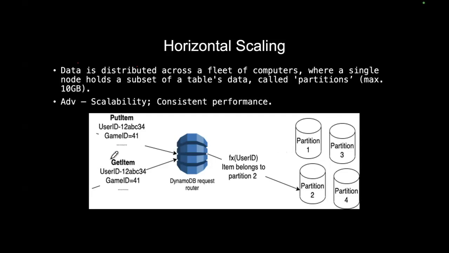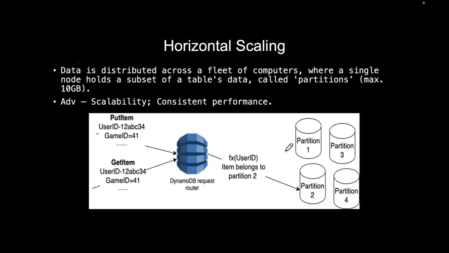Similarly, a read operation in DynamoDB is a get item operation. And when we want to do a read of a particular item, we have to specify the full primary key. So in the case of our user games table, we have to specify both the user ID, which is our partition key, and the game ID, which is our sort key. But again, what the DynamoDB service does is it uses the partition key part of the primary key, puts it through this hashing algorithm.